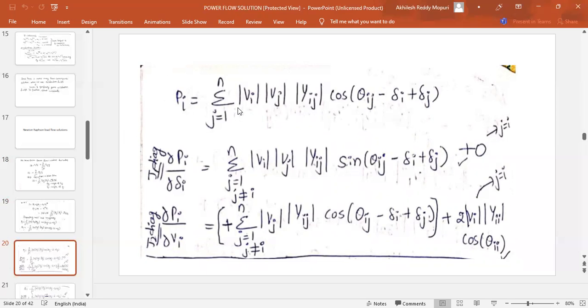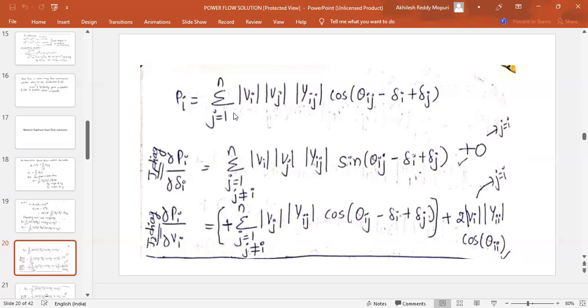Now, from the Pi formula, I am differentiating Pi with respect to del i. Since there is no del i in the magnitudes, they won't change. When differentiating with respect to del i, I split the total summation into j equal to 1 to N, j not equal to i, and j equal to i.